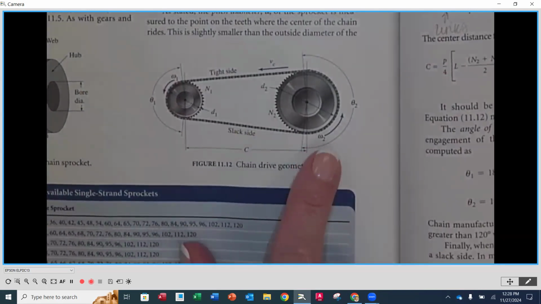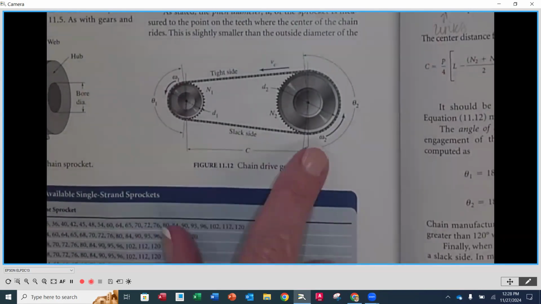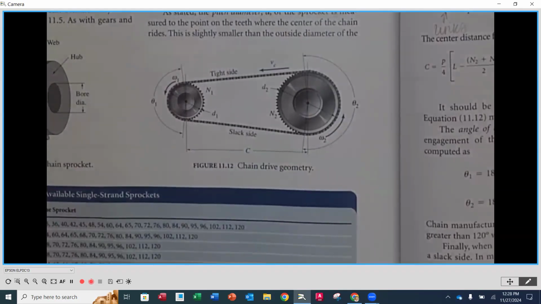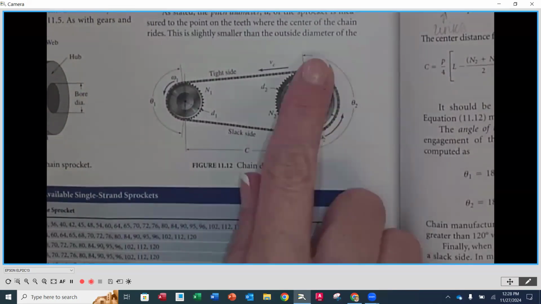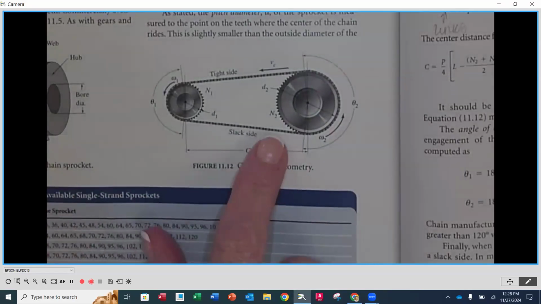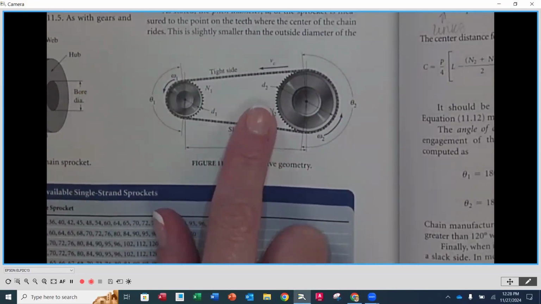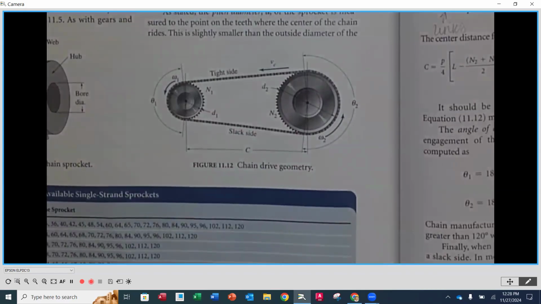Over here on the right-hand side, we're going to see the very same things. We're going to notice that our W2 is going to be that of the rotational speed on our driven machine. And then we have a theta 2, which is going to be the angle of wrap, the number of teeth, and then also the pitch diameter, okay?